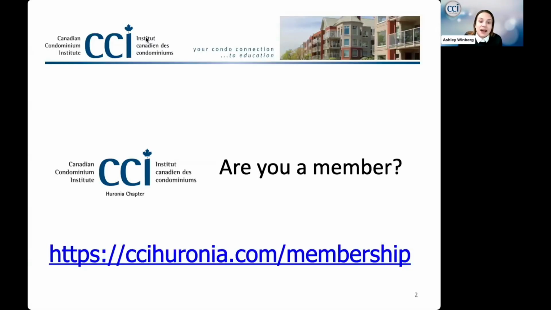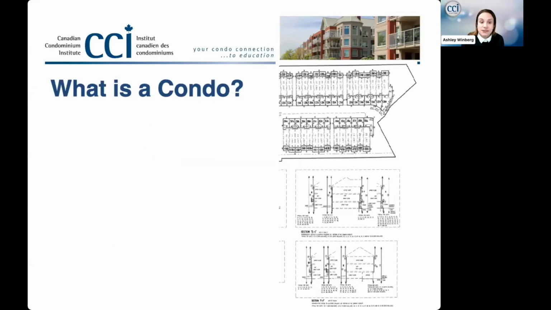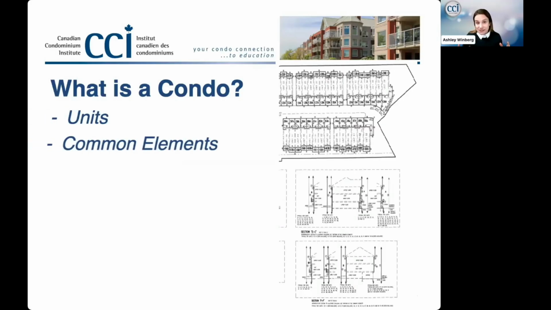So what is a condominium? A condominium corporation is a legal entity. It is created when its declaration and description are registered in the Land Titles Office, Land Registry Office. When a condo's declaration and description are registered, the condominium corporation becomes a legal entity, and the property that it consists of is divided into units and common elements.